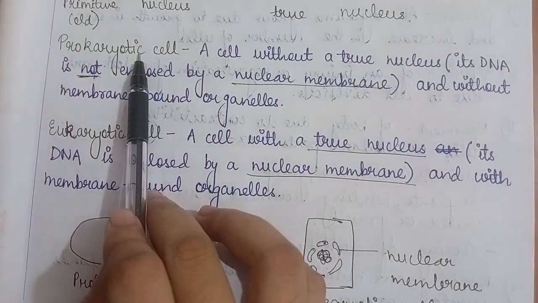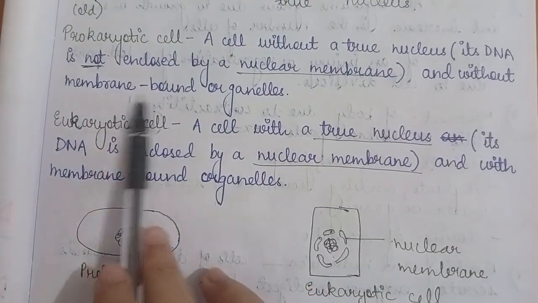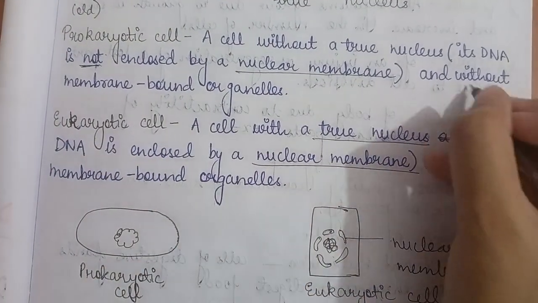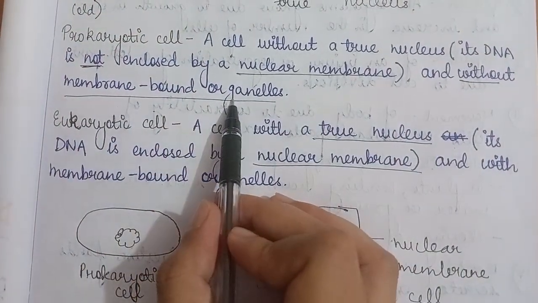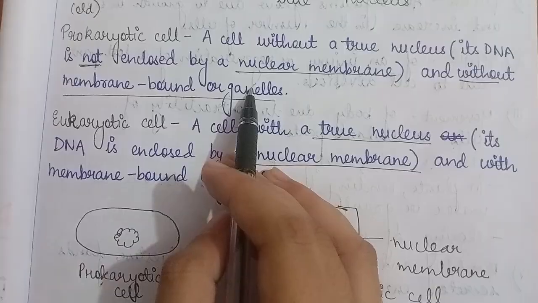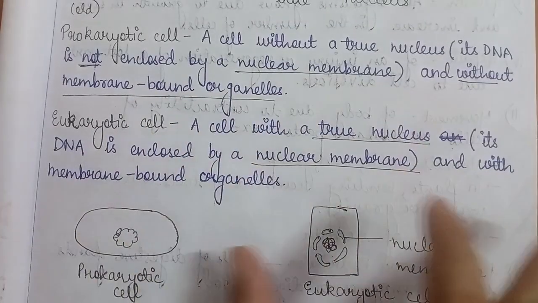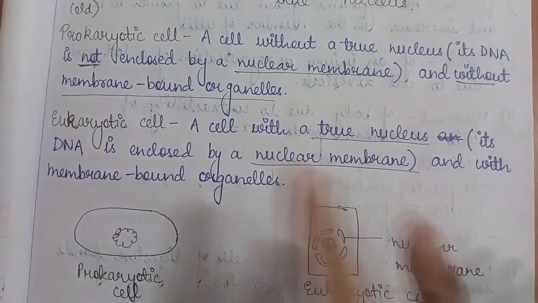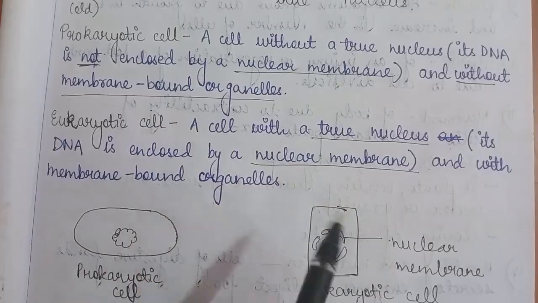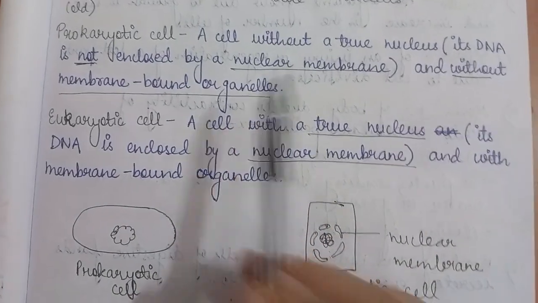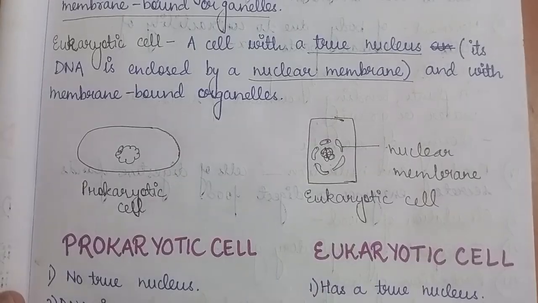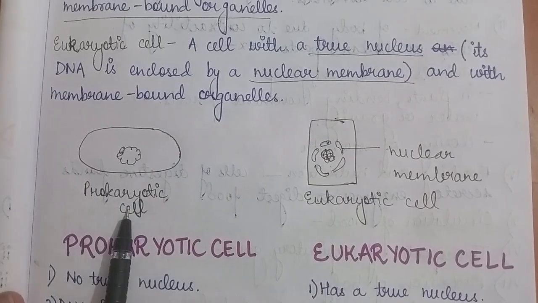In prokaryotic cells, there are no membrane bound organelles. They are without membrane bound organelles. Membrane bound organelles are mitochondria, chloroplast, like plastids, everything that consists of a membrane. So those structures are present only in eukaryotes, but they are absent in prokaryotes.